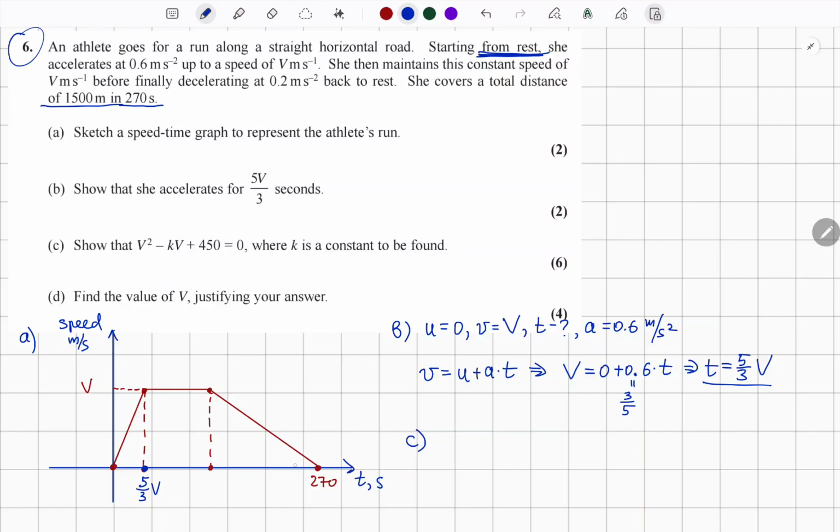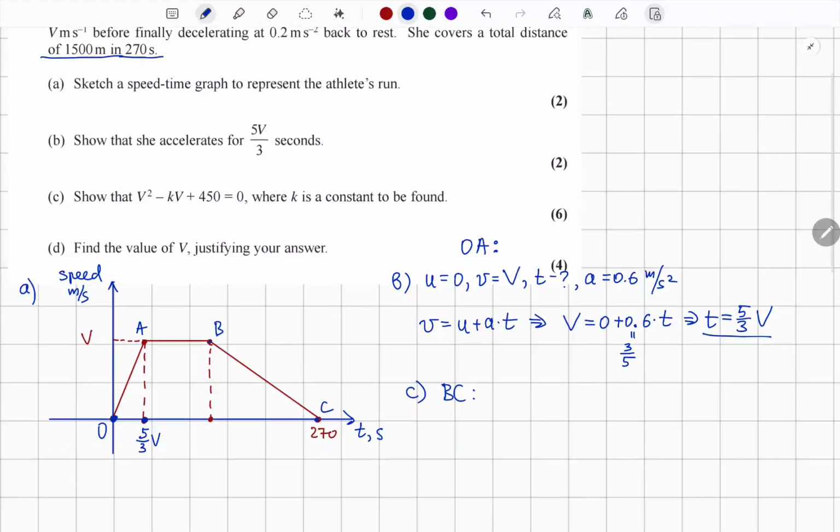Can I find the period of time it took her to decelerate and stop? We can consider this part of her motion. Denote this as O, A, B, C. First we considered the OA part of her motion. Now I'm interested in the BC part.